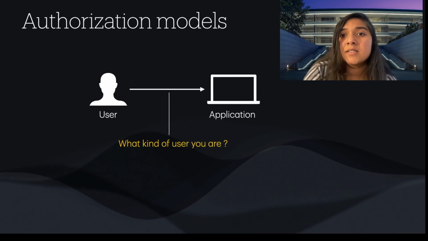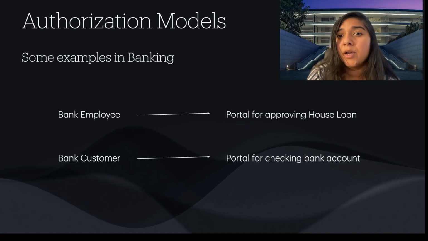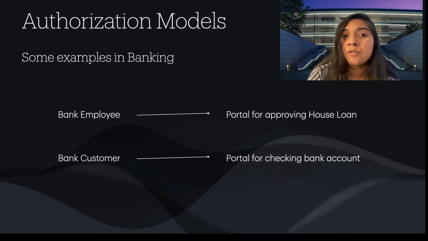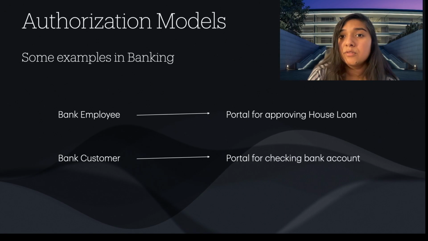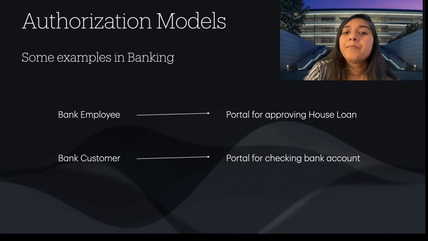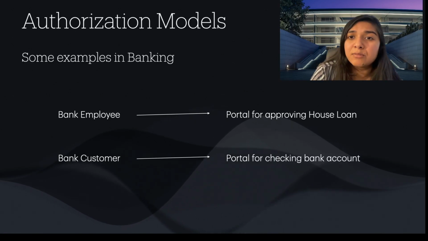So when that's decided, you can access an application. For example, if your role is that of an employee, then you can access the portal for approving house loans. Similarly, if your role is that of a customer, so if you're a user who is a bank customer, then you can have access for checking your bank account, and that's how the authorization model works.